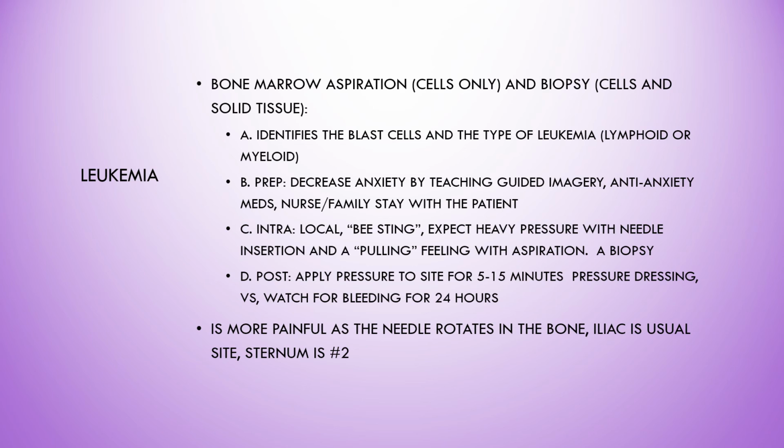The nurse or the family can stay with the patient. They're going to use a local anesthetic, usually lidocaine, and this is basically for the skin and the nerves around the iliac crest. They will expect heavy pressure with the needle insertion, and they will have a pulling or pressure type feeling with the aspiration.